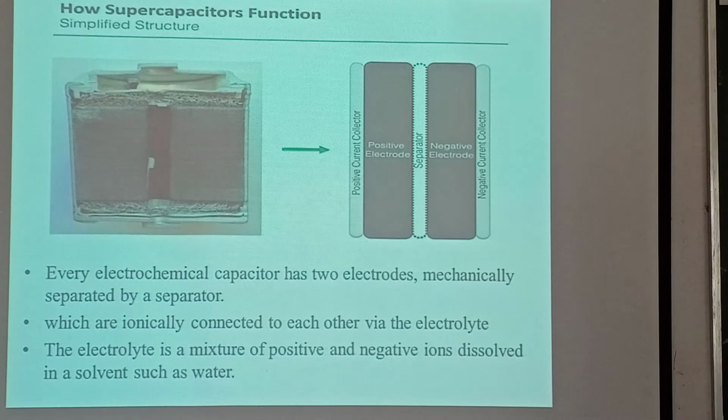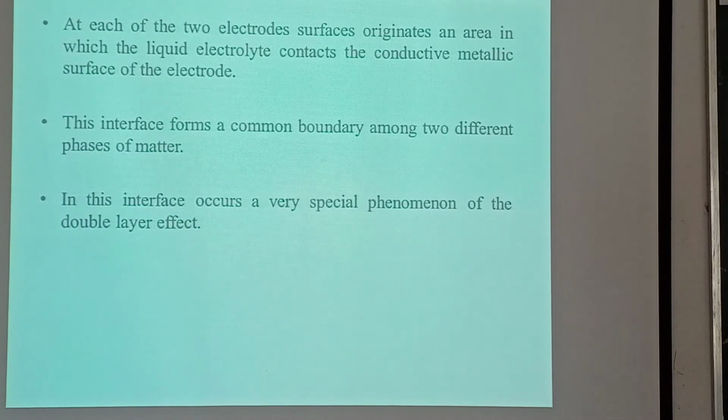The electrolyte is a mixture of positive and negative ions dissolved in a solvent such as water. At each of the two electrode surfaces originates an area in which the liquid electrolyte contacts the conductive metallic surface of the electrode. This interface forms a common boundary between two different phases of matter. At this interface occurs a very special phenomenon, the double layer effect. So what is the double layer effect? We will see in the next slide.